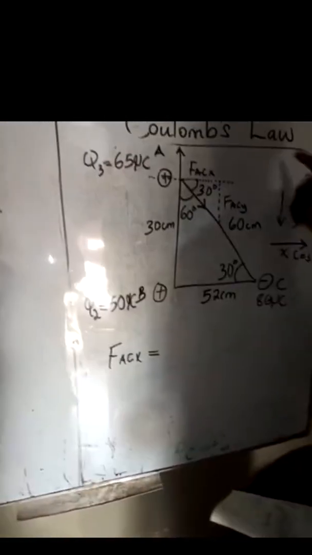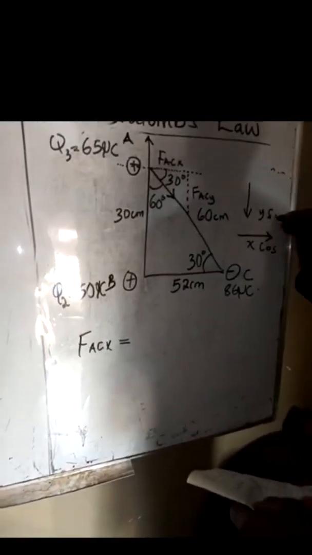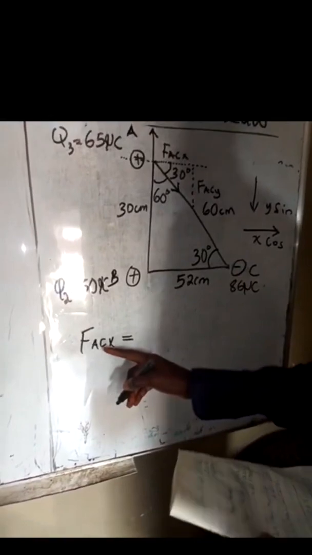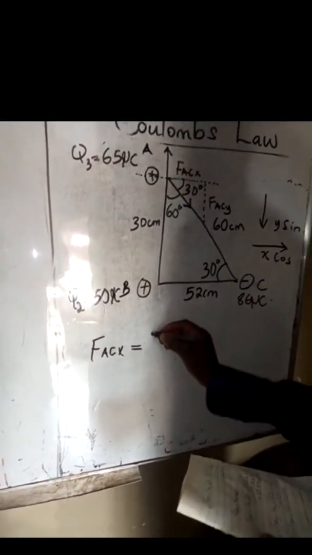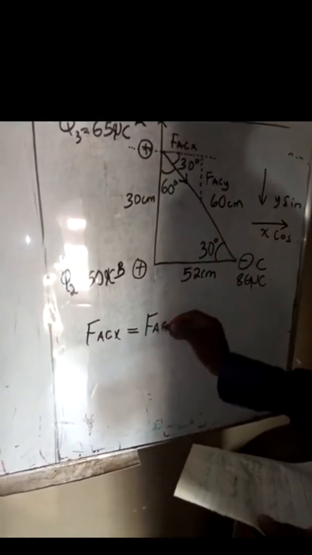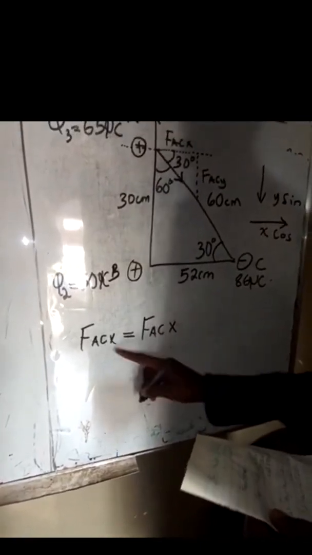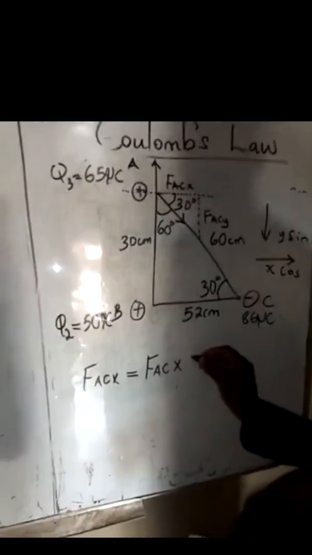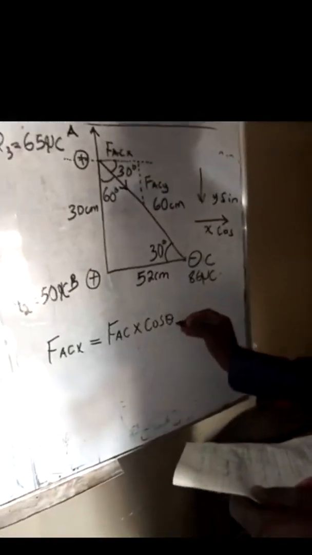Then vertical movement is Y, which is sine. Don't forget these two things. Now our FAC, that's the answer we got last. That is FAC times, because X is horizontal movement, that is going to be cos theta.